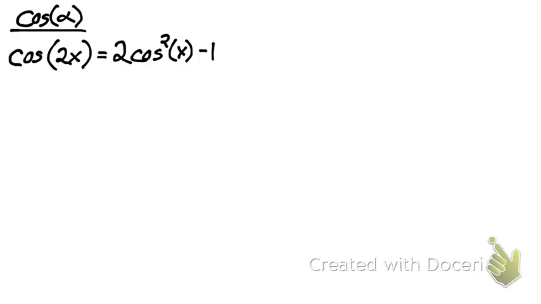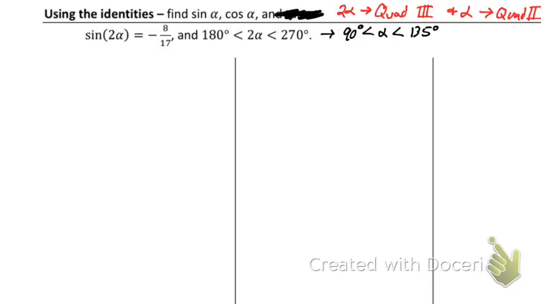Yes? How can you just divide negative 15 over 17 by 2 to find what cosine alpha is? Why would I divide it by 2? Like I said, we can never divide by 2 because this isn't a multiplication. But isn't sine 2 alpha equivalent to sine alpha plus alpha? Right?